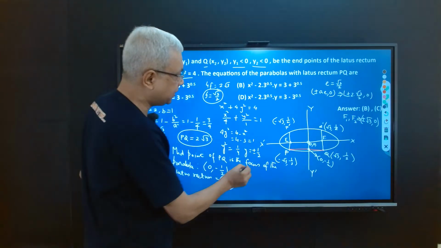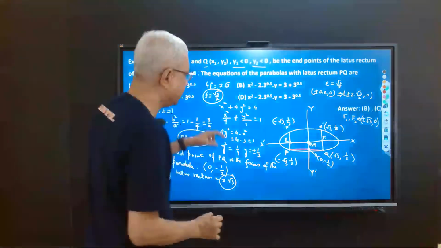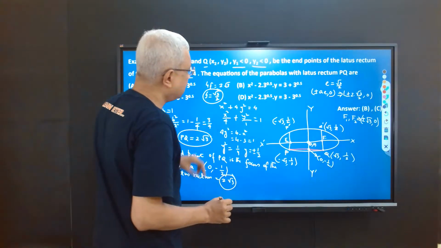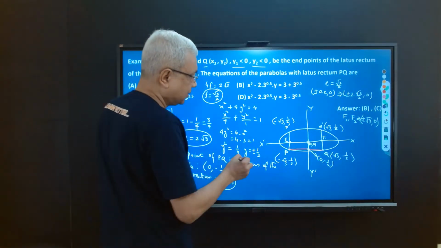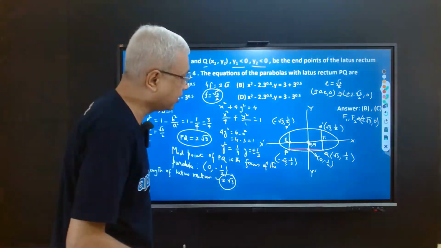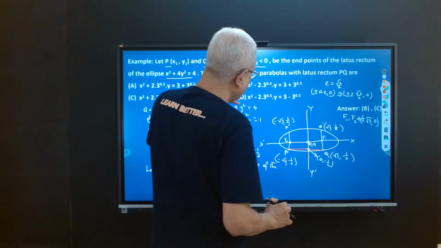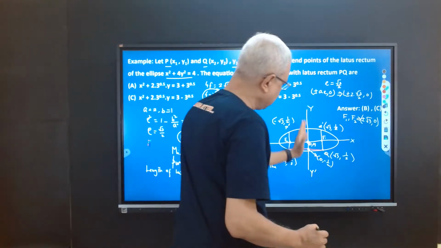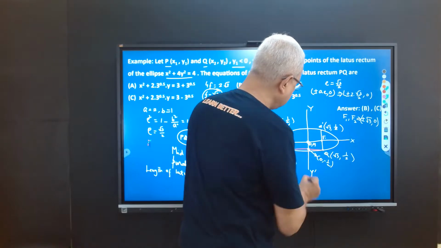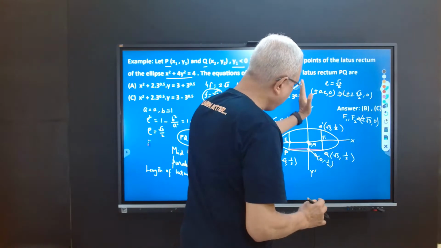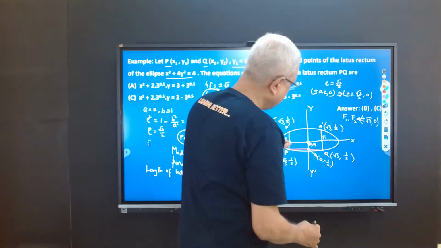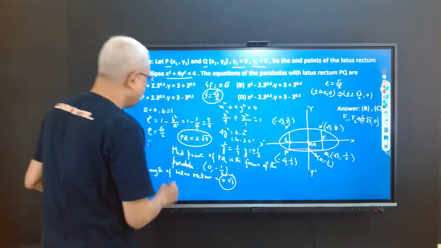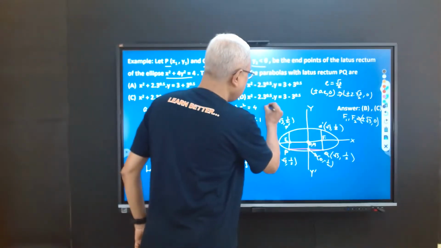That means if this point is the focus, then the focal length is root 3 by 2. It indicates that the vertex of the intended parabola will be root 3 by 2 distance away from the focus. So this is the focus and this is the latus rectum. So the axis of the parabola will be perpendicular to the latus rectum. So the axis of the parabola is obviously y dash.